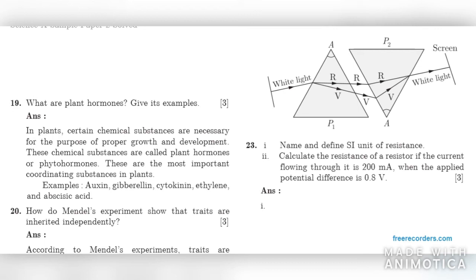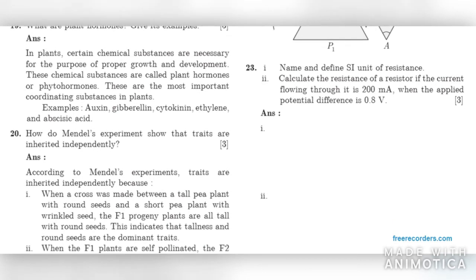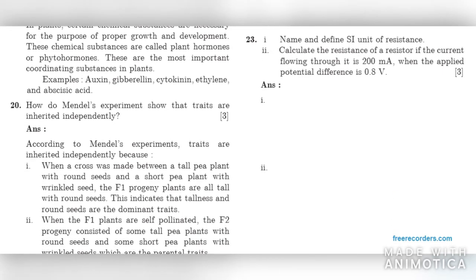Now moving on to question number 23, where you have to name and define the SI unit of resistance. The SI unit of resistance is ohm, and then you have to define 1 ohm. If a current of 1 ampere flows through it when a potential difference of 1 volt is applied across it. That's what you need to write in the first part.